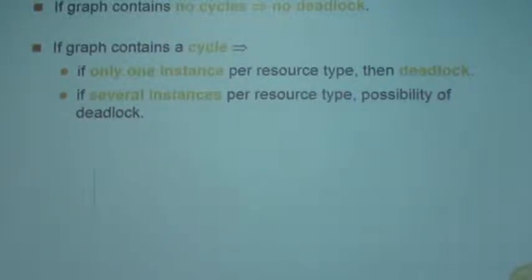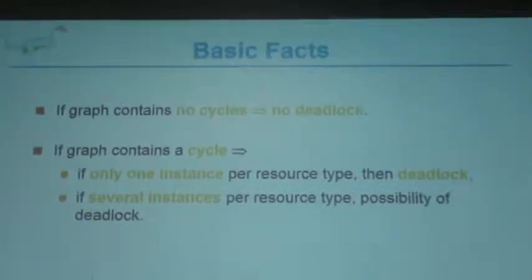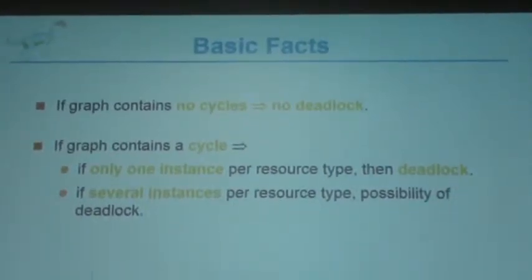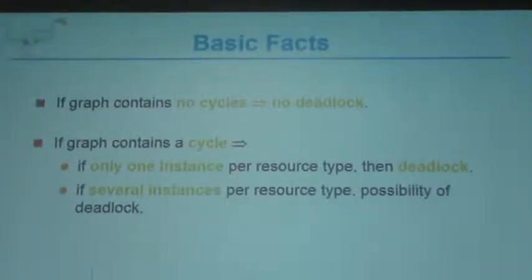So the basic idea of deadlock management is, if we cannot find a circular wait in the resource allocation graph, definitely there's no deadlock. Okay? So it's okay. However, if we can find a circular wait, it may be a deadlock.